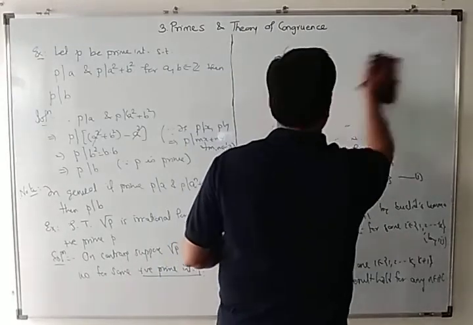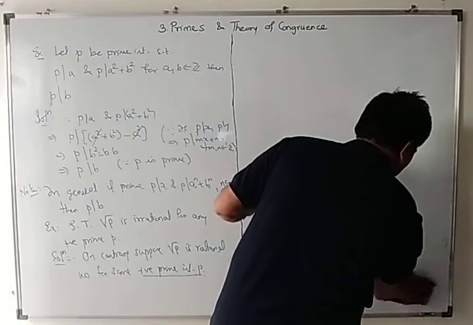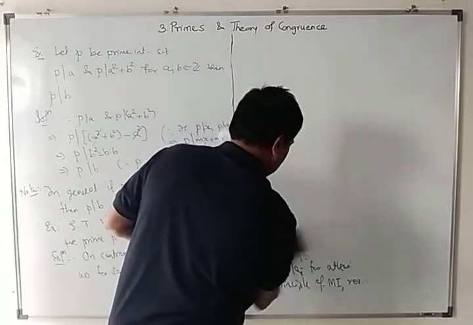Then I can write root P is equal to A upon B for some A, B belonging to Z such that GCD of A, B must be 1.